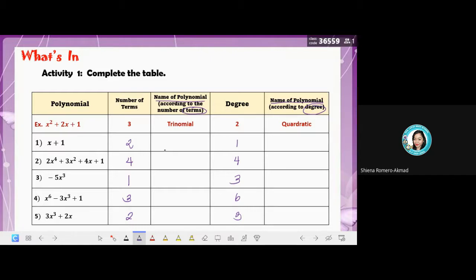What is the name of the polynomial kung meron siyang dalawang terms? Binomial po. Binomial. So we call that binomial. How about if it has 4 terms? Yes, Justin?